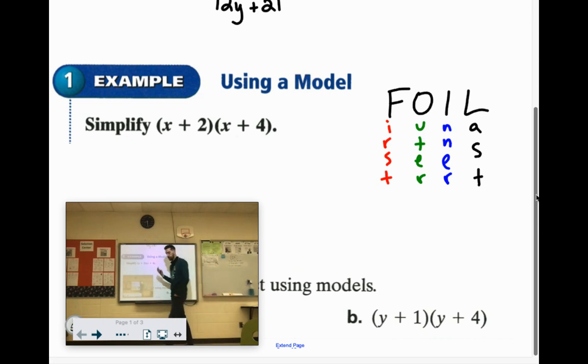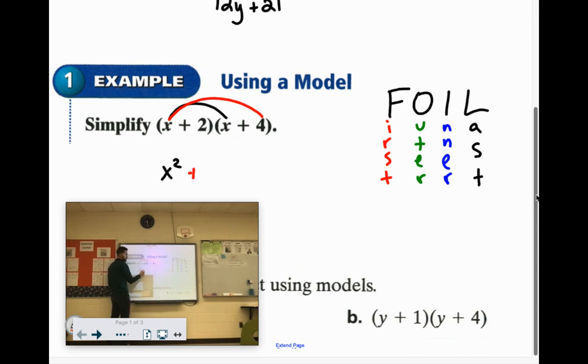So you multiply the first number in each set of parentheses. So we would do x times x, which is x squared, x to the second. Then you do the outermost numbers, which in our case would be this x and 4, so that would give us 4x. Then you do the innermost ones, the ones on the inside, closest, which would be positive 2 times x, 2x.